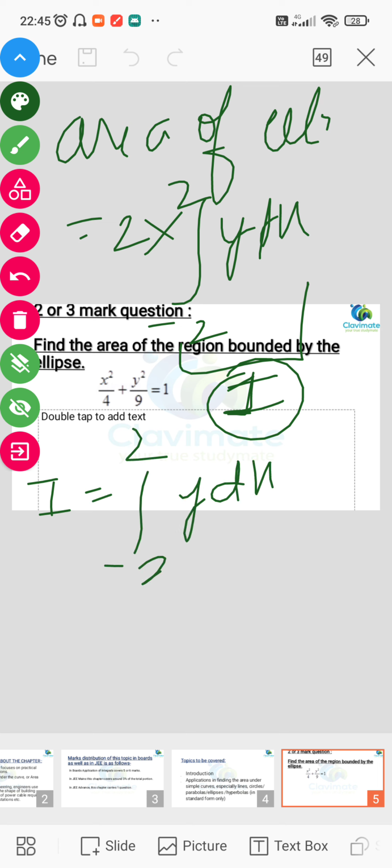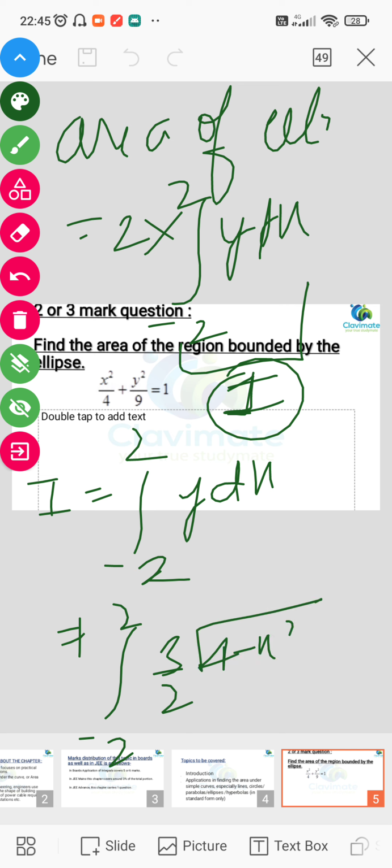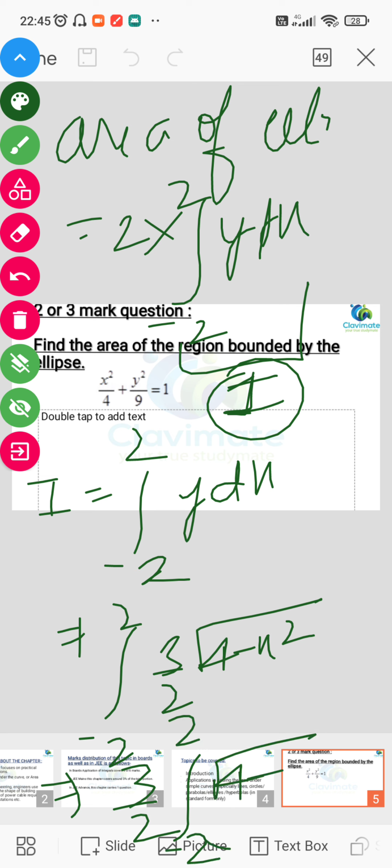What is y? Let us put the value of y. y is 3 by 2 under root 4 minus x square. Now 3 by 2 is constant, so let's take this out. So we get 3 by 2 times the integral from minus 2 to 2 of under root 4 minus x square dx, right? Okay, so let us solve further.